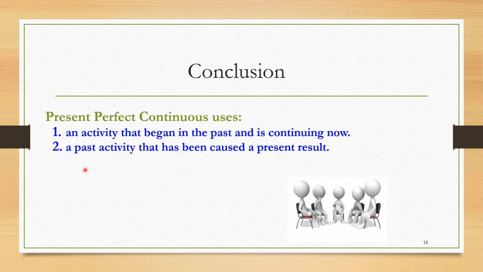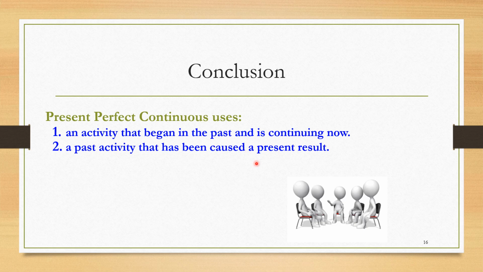We use present perfect continuous to talk about an activity that began in the past and is continuing until now, or a past activity that has caused a present result. Okay, it just happened somewhere in the past, but it's still something you can know.